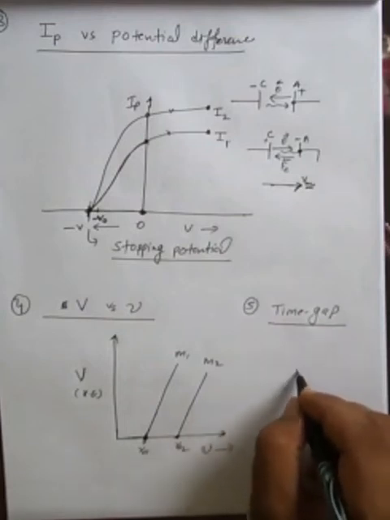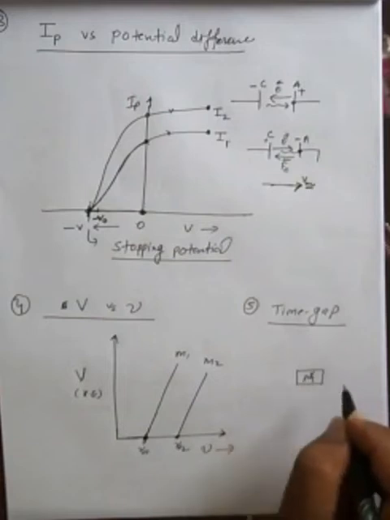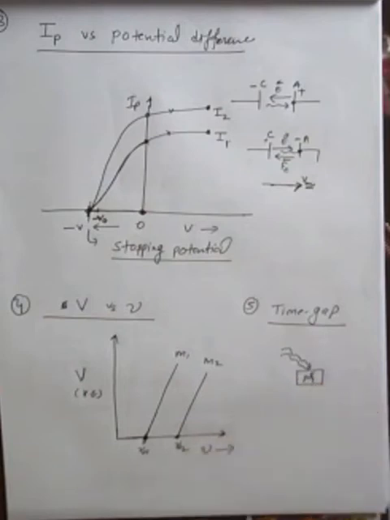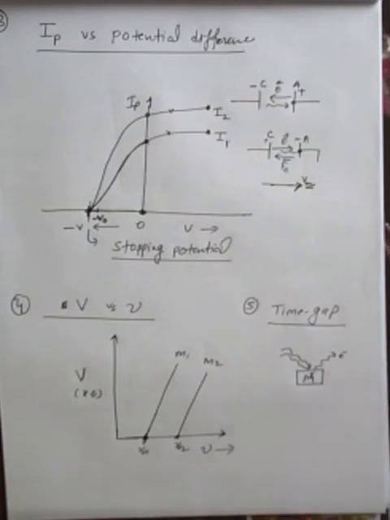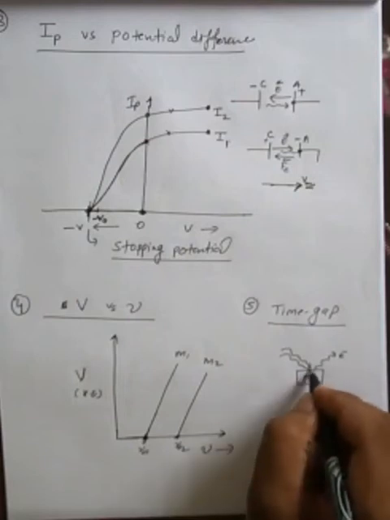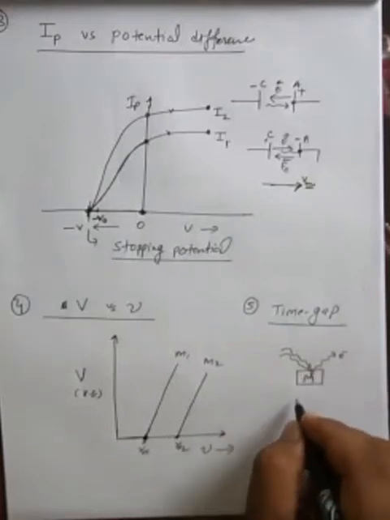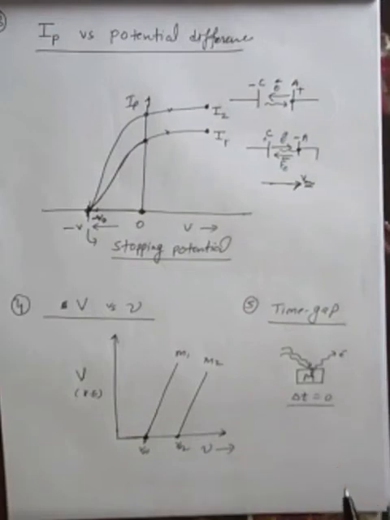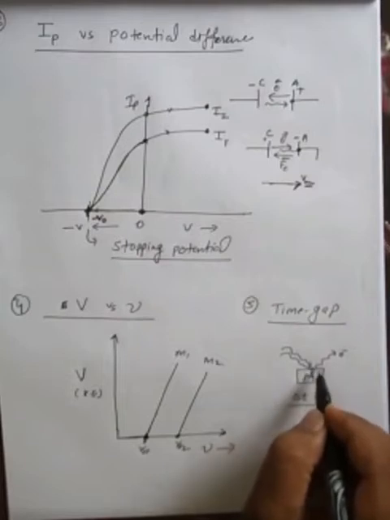Let's say this is the photosensitive material, electrons are here, then the material is illuminated with light radiation, and electrons are emitted from the surface. They observed that there is no time gap. It means delta T is 0. So this is an instantaneous process. There is no time gap between the incident radiation and emission of the photoelectron.